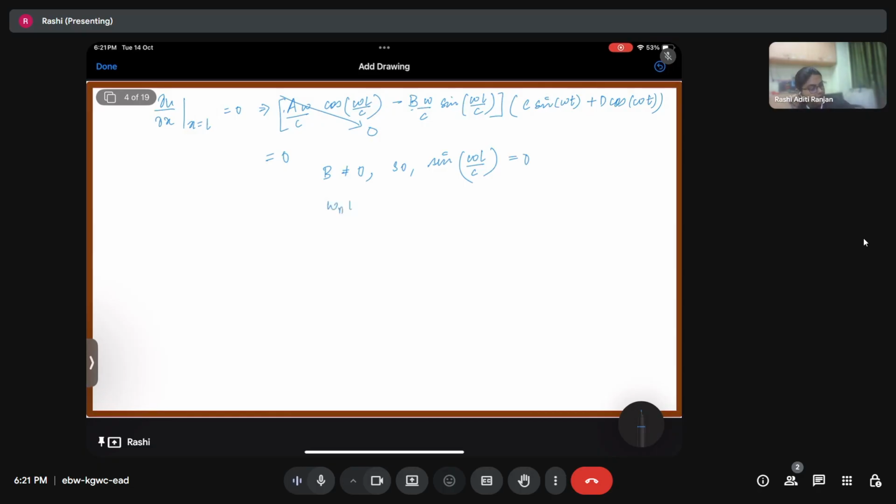ω_n L/c will be equal to what? When is the sine function equal to 0? We know the graph of sine is something like this.